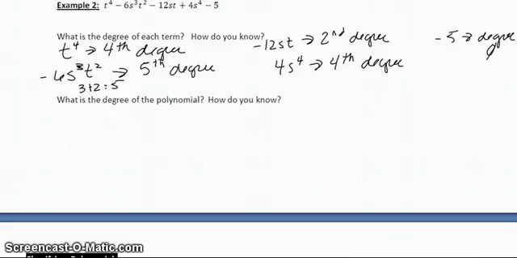So we just add those exponents where we have more than one variable together. Now, what's the degree of the polynomial? Which one is my highest degree? Well, this polynomial happens to be fifth degree because it is the degree of the highest degree term.